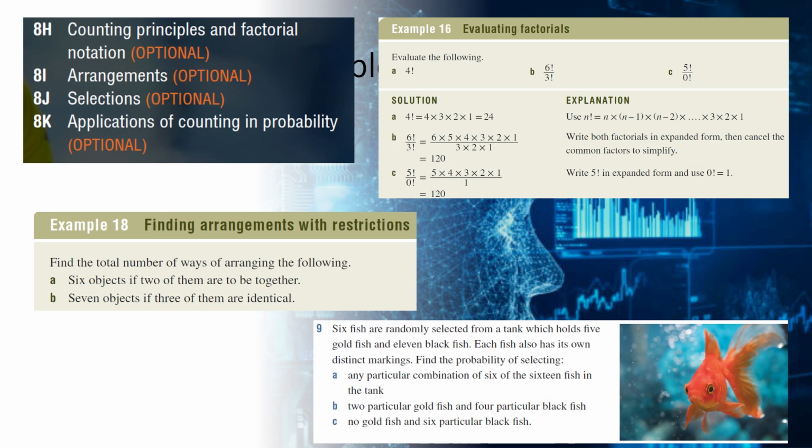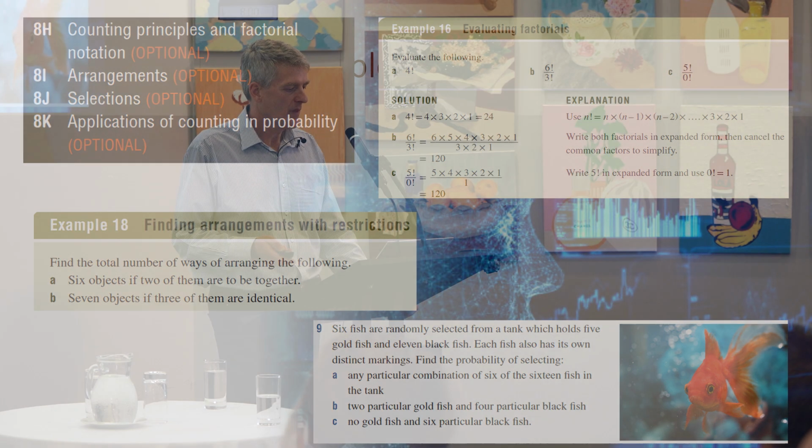Also in Year 10, the counting principles and factorial notation, the maths of arrangements and selections, and also applications in probability. So there are 4 new sections attached to the probability chapter there that I mentioned earlier. By the way, the networks is in the core and the combinatorics work is in the optional material.